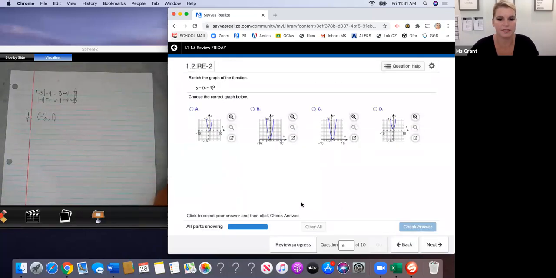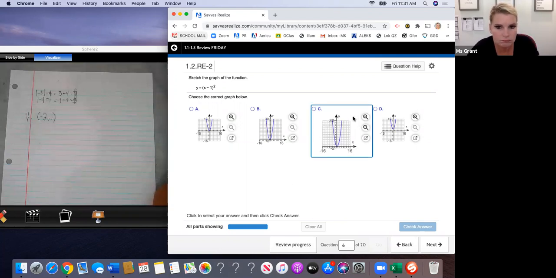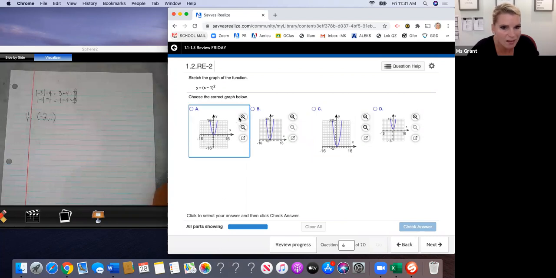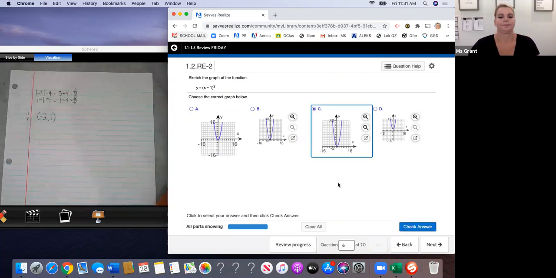All right, number 6. Oh, this is easy. The graph is translated 1 to the right. A or C? C. A was at 0, 0.